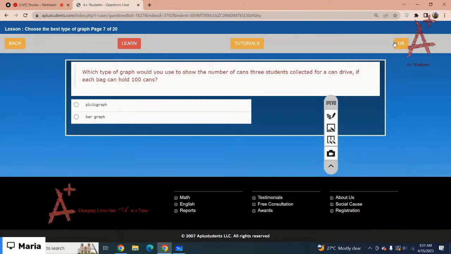Which type of graph would you use to show the number of cans three students collected for a can drive if each bag can hold 100 cans?